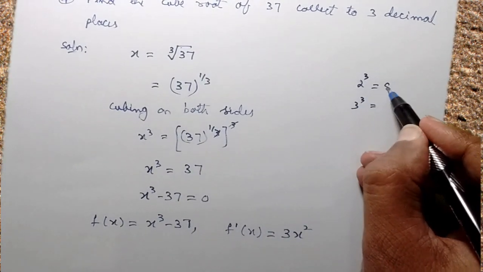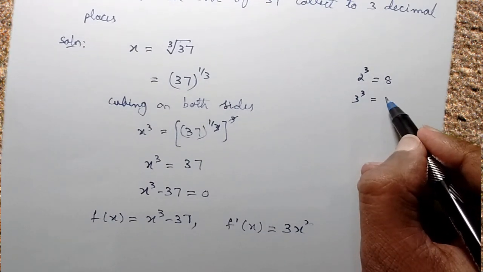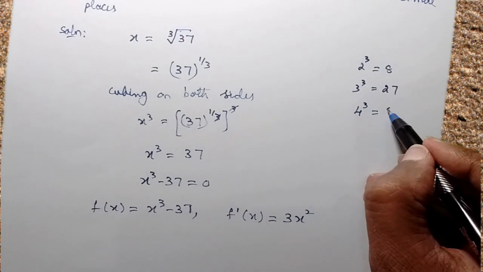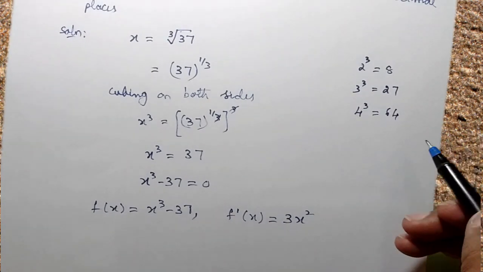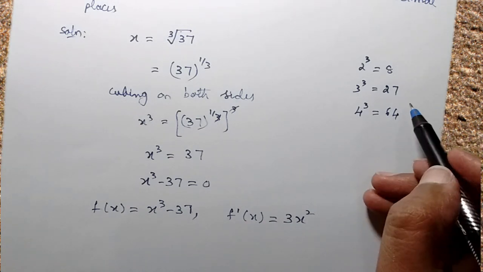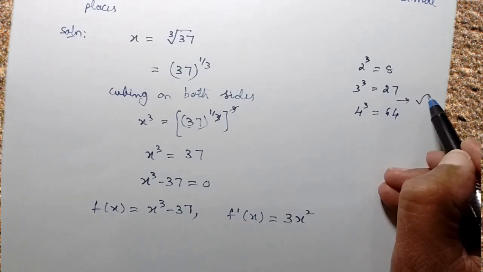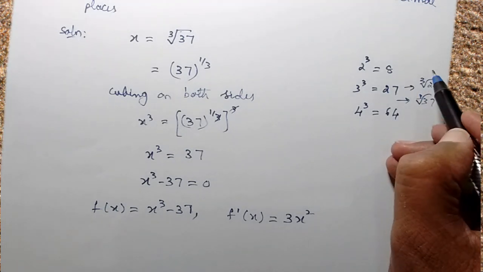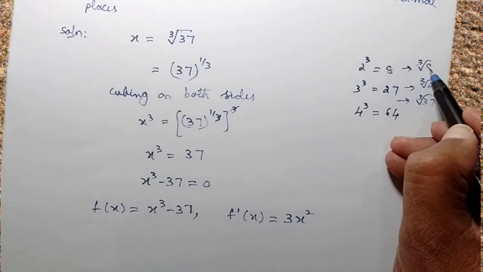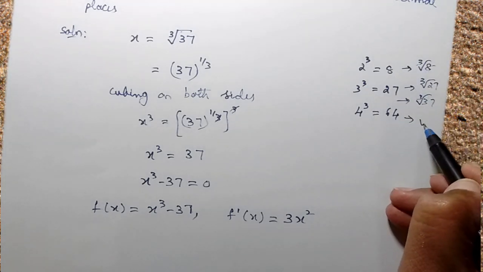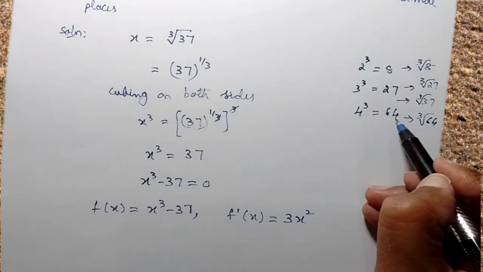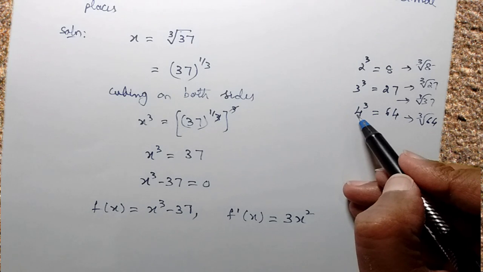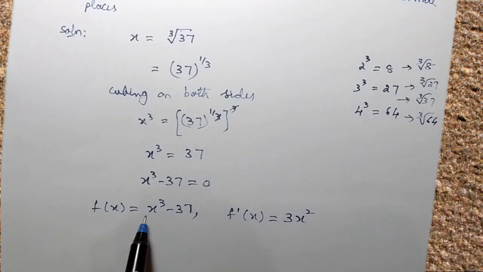Cube of 2 is 8, cube of 3 is 27, cube of 4 is 64. So cube root of 37 is somewhere over here. If I take cube root of 27, it will be 3. Cube root of 8 gives 2. Cube root of 64 gives 4. So where does cube root of 37 lie? Between 3 and 4. So this root will lie between 3 and 4.